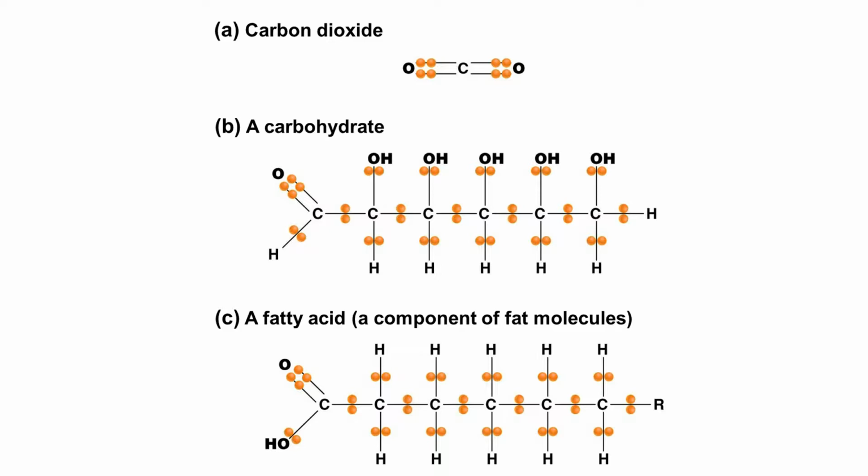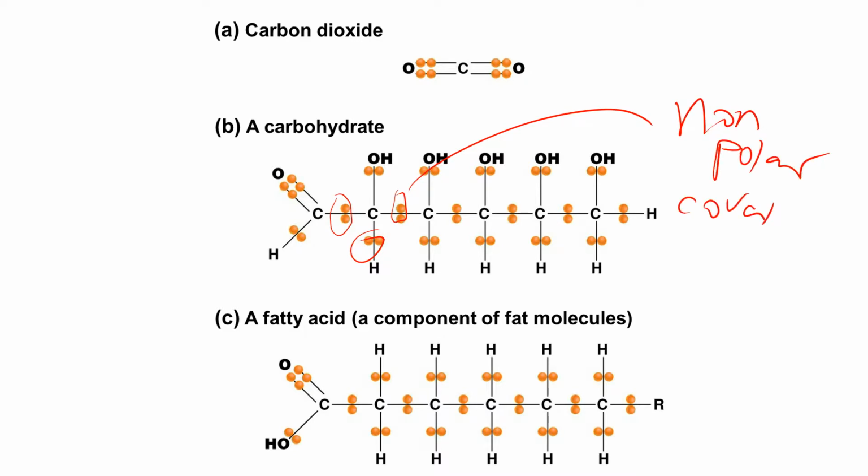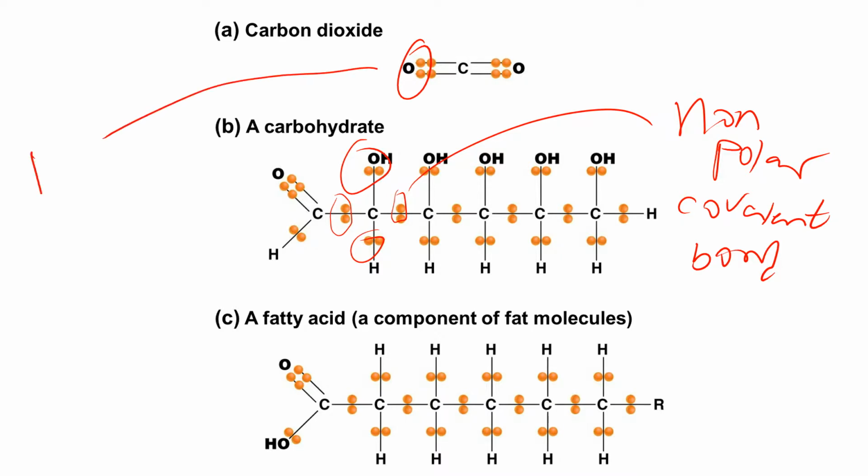If they're located in the middle, you know that you're dealing with something like a nonpolar covalent bond. But when you're dealing with something like here or here, where your electrons are more closely associated with one atom in that molecule, you're dealing with basically a polar covalent bond.